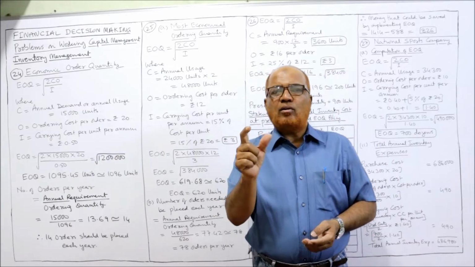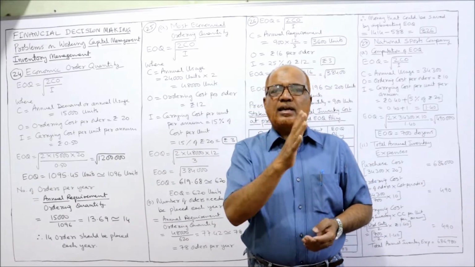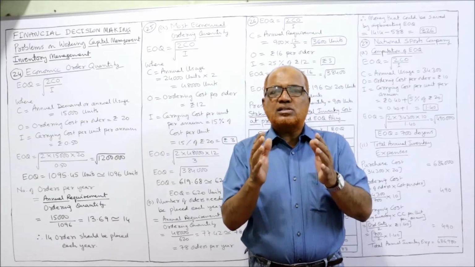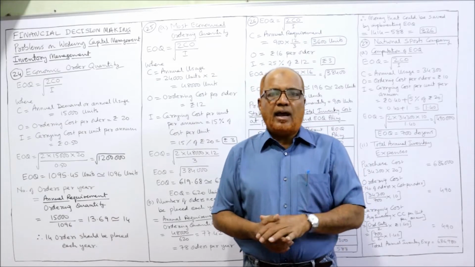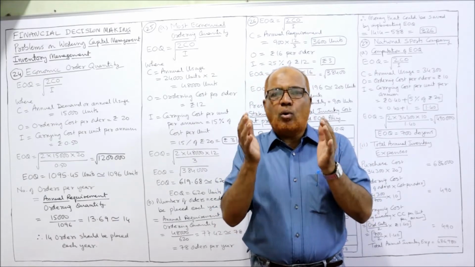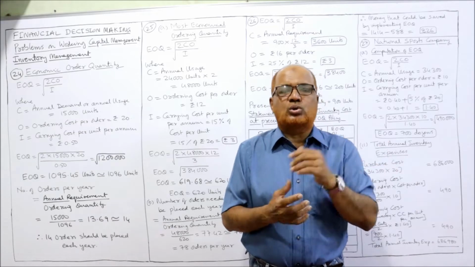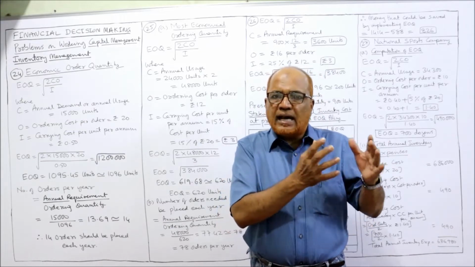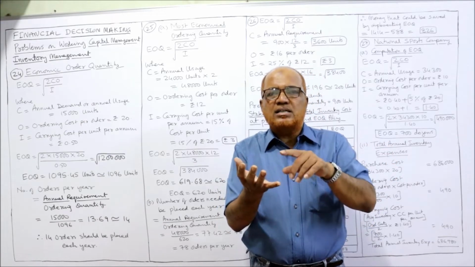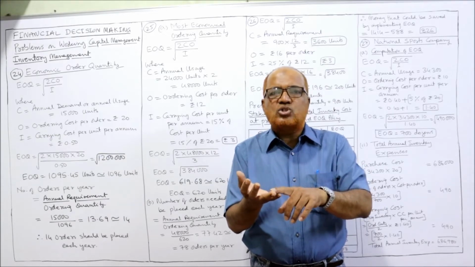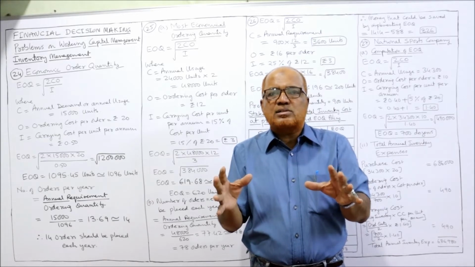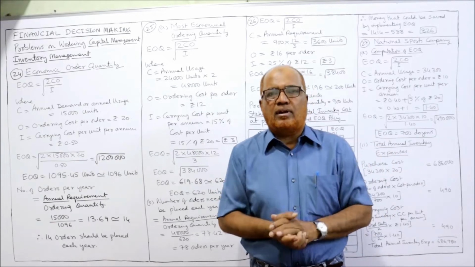So inventory cost consists of ordering cost and carrying cost. Ordering cost is the cost when orders are placed with the supplier, and carrying cost is the cost of holding the inventory in the stores. When inventory is held in the stores, rent charges, insurance charges, interest charges, deterioration charges, all these are the expenses attached with holding the inventory.